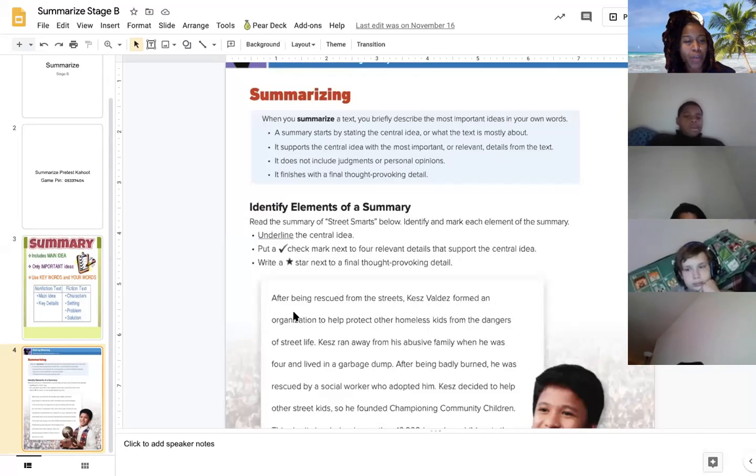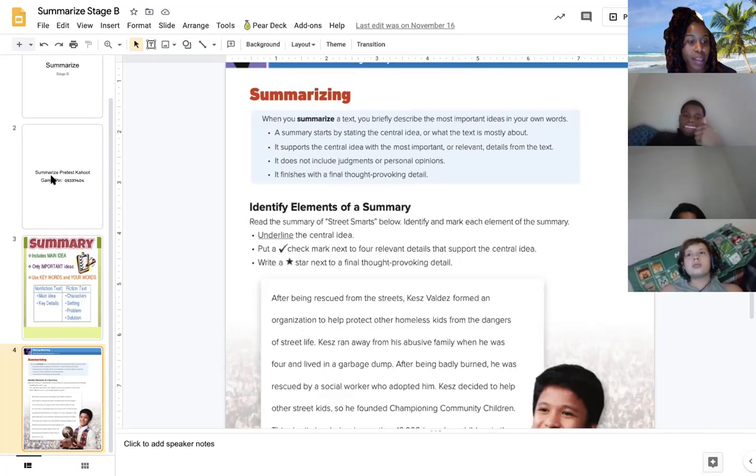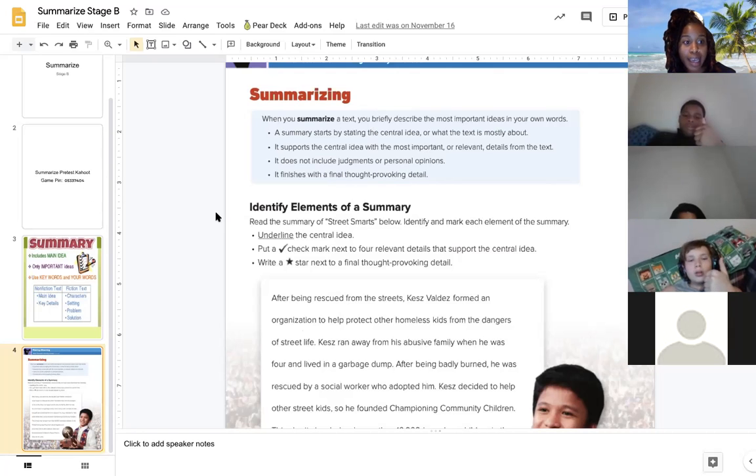Do you guys think that this sums up what we've already read? Do you guys think this is the main idea of what we've read on those 4 pages? Thumbs up or thumbs down? I need you guys to respond, please. Why is Quentin the only person that I'm seeing responding? Yes. We read about him being rescued, right?